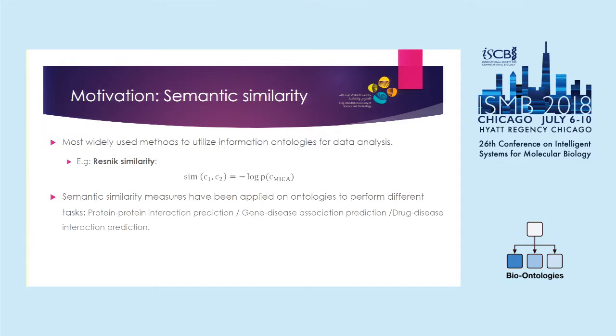As an example, the Resnick similarity measure computes similarity between two classes as the information content of their most informative common ancestor. And semantic similarity measures have already been widely used to perform tasks such as protein-protein interaction prediction or gene-disease association prediction, etc.